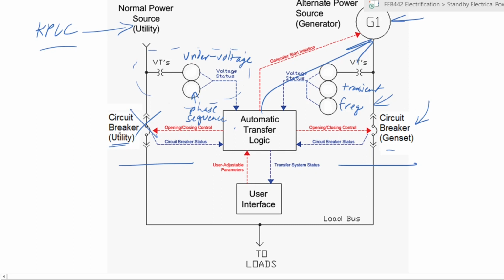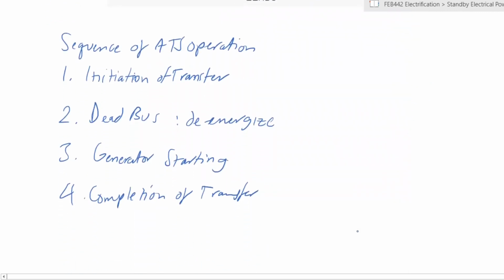Remember, your circuit breaker here is open, utility is no longer available, but now your standby is available from here. So you can close this, and that completes your circuit and you're able to supply your loads. So you're now on standby power.